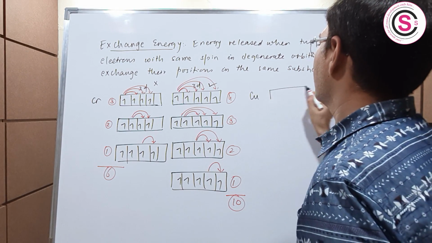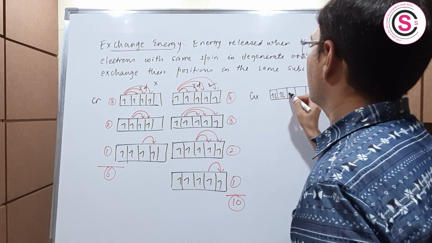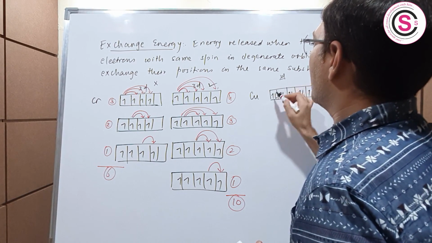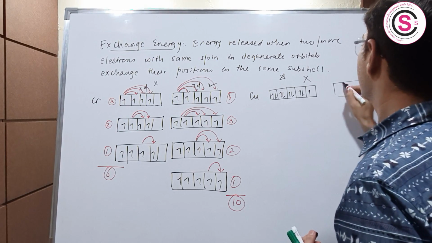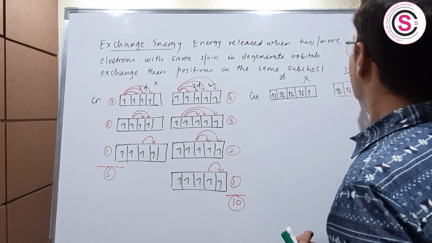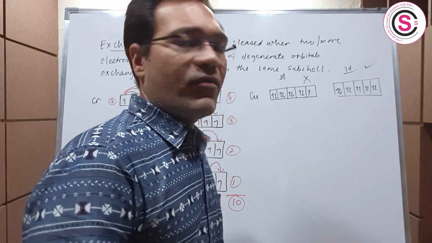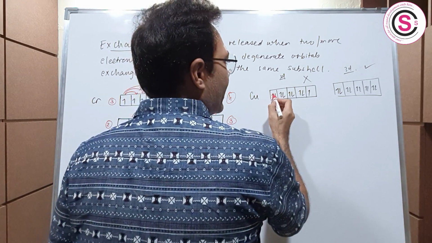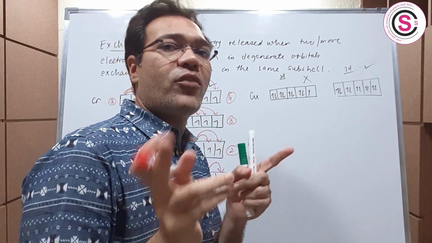In copper we have seen in the 3d subshell that this is the wrong electronic configuration, whereas this is the correct electronic configuration, right? Why? Because students, you see, when we make an exchange here, the electron with upward spin, we have to exchange it with an electron of upward spin.